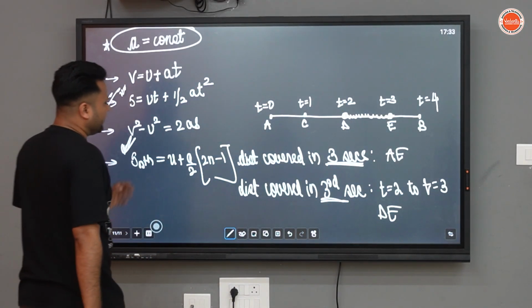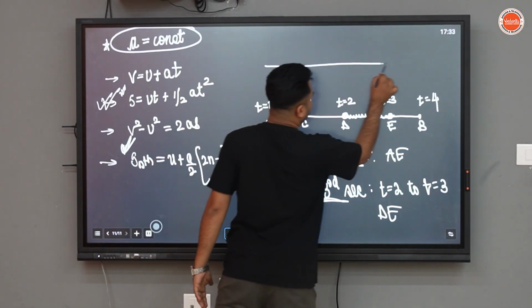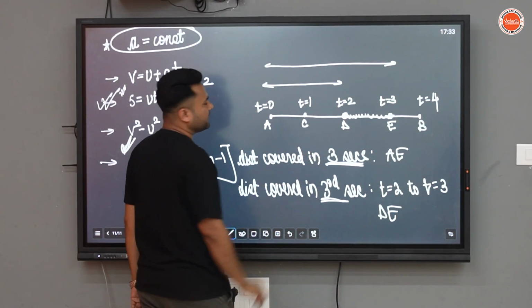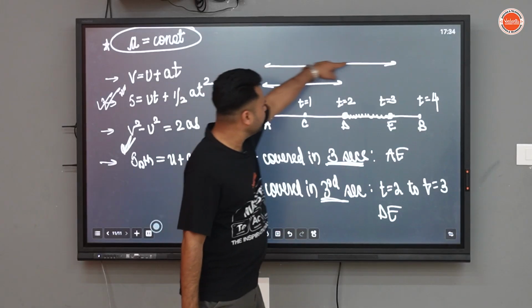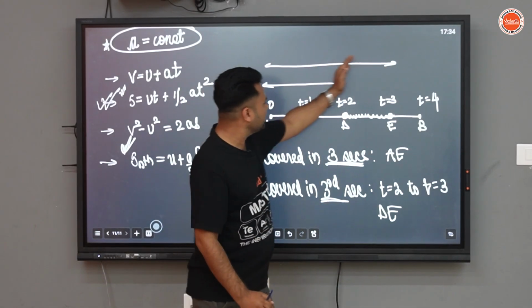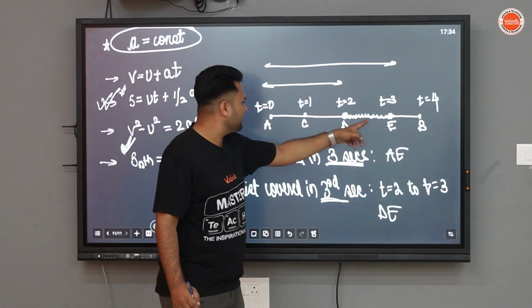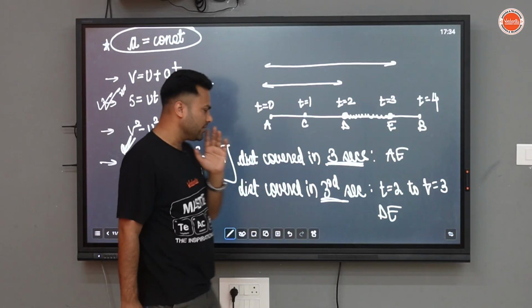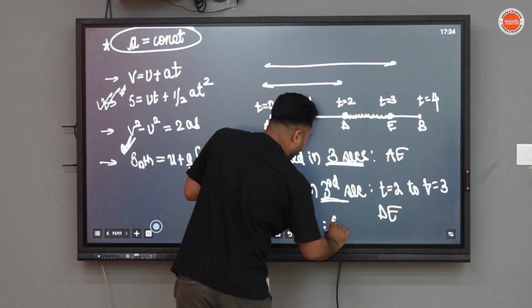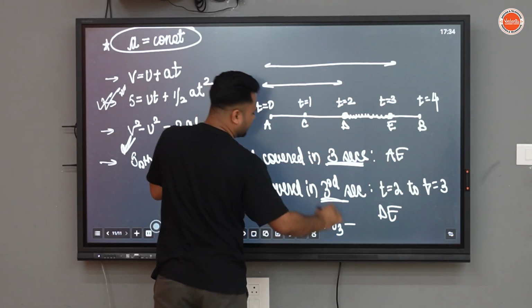So what we can write, can I write like this also, that this distance is equal to this complete distance minus this distance? This complete distance minus this distance will be this distance. Now what is this complete distance? AE is the distance covered in 3 seconds. So can I write distance covered in 3 seconds minus this distance, which is the distance covered in 2 seconds.